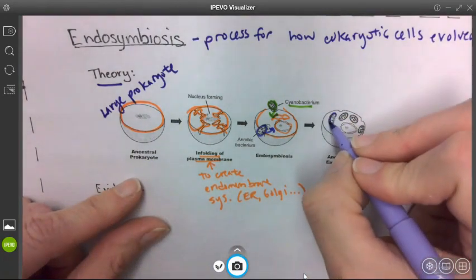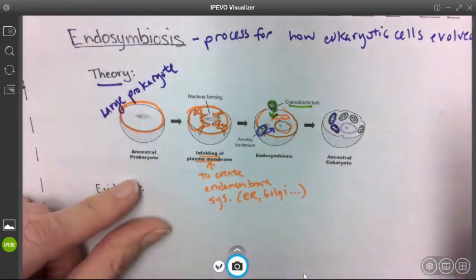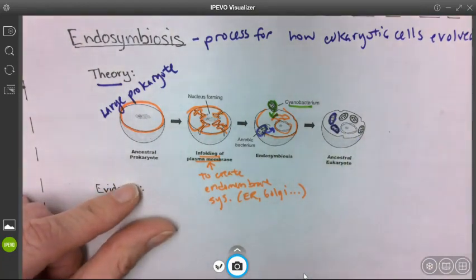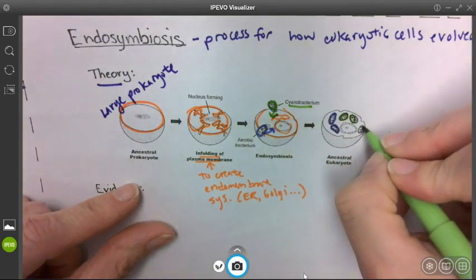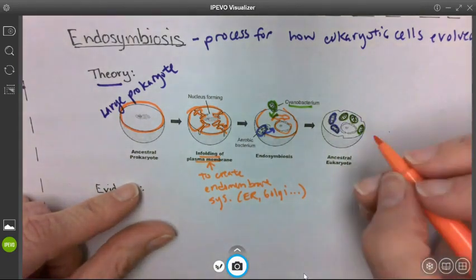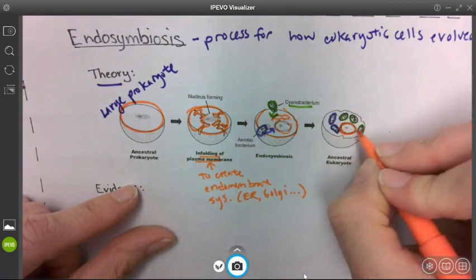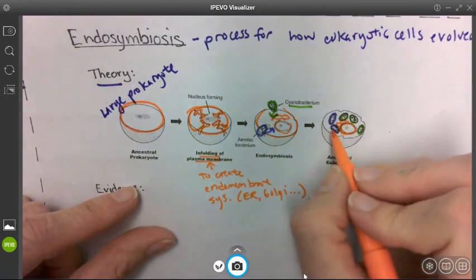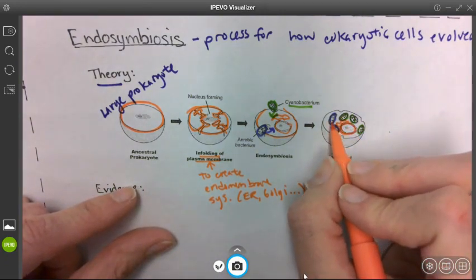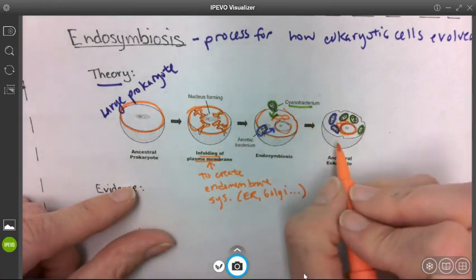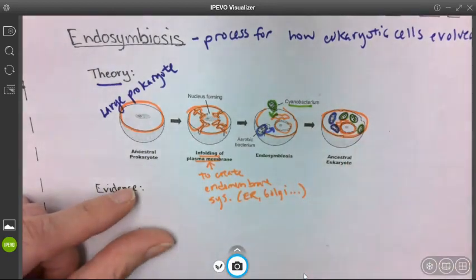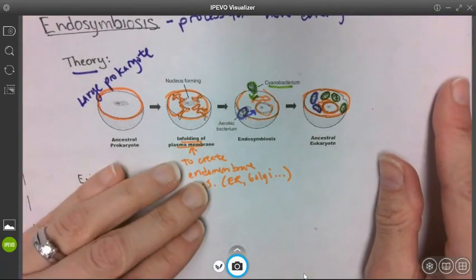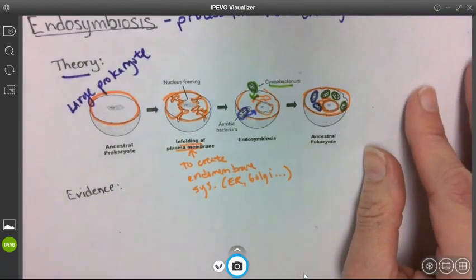And these cells that used to be their own free-floating prokaryotic cells are engulfed by this ancestral prokaryote, and this is what's created our eukaryote, right? We have our nuclear membrane, our ER, and then these aerobic bacteria become the mitochondria, and these cyanobacteria become the chloroplasts, right?